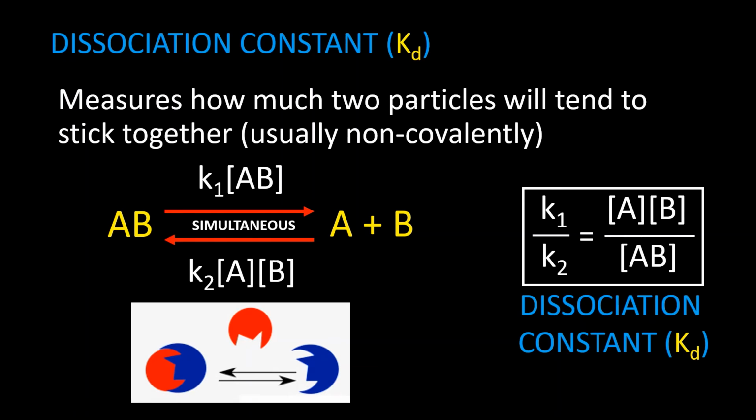And the same is true if the concentration of the separated red and blue substances is greater than that of the red-blue complex, then this reaction is going to move backwards towards the formation of the red-blue complex.